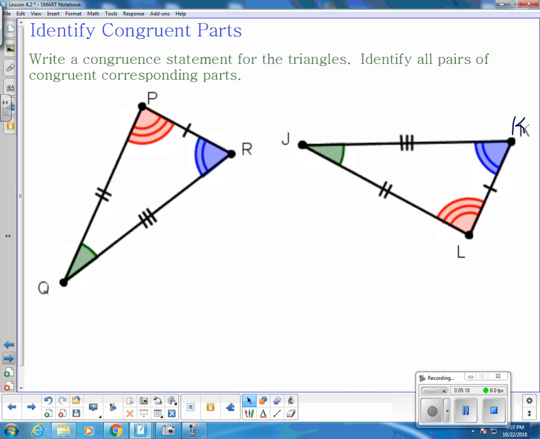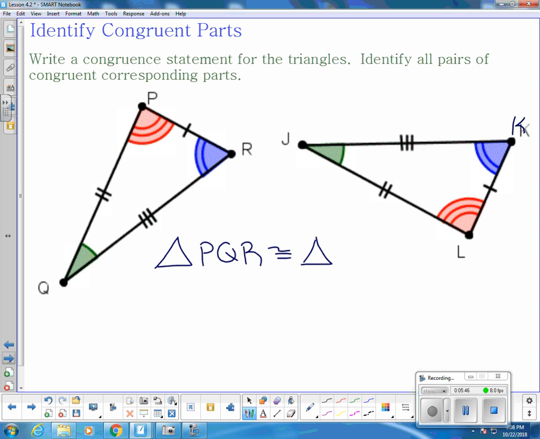So, write a congruent statement. I'm going to start it. I'm going to start over here and say this triangle PQR is congruent to, very specific. The order is very important. Very good.